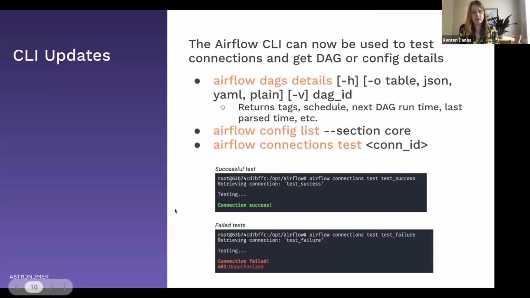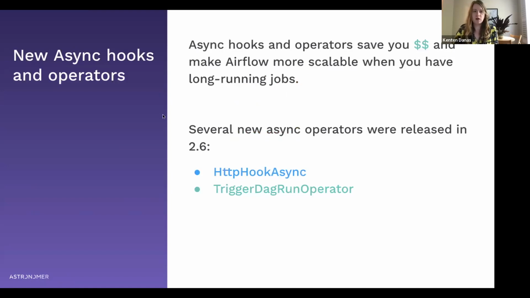Connections are super tricky in Airflow. Debugging them is often one of the biggest parts of debugging DAGs if you're connecting to external systems. This is, again, just another tool in your toolbox, especially if you prefer working locally within the CLI as opposed to going to the UI to test connections that way. So excited about that update.